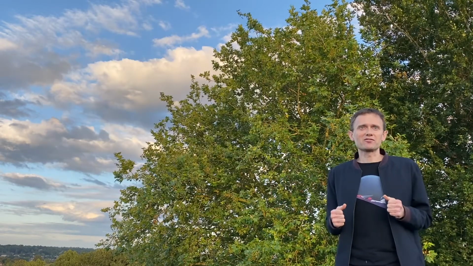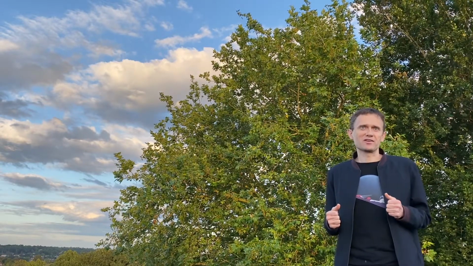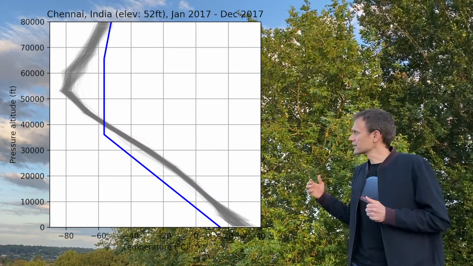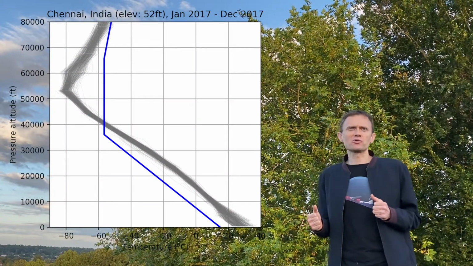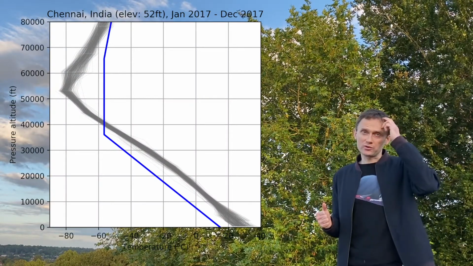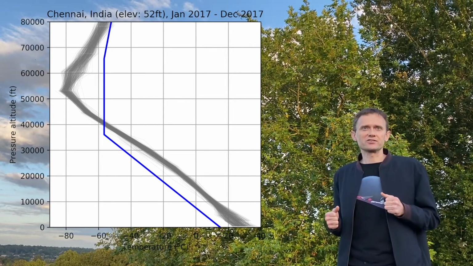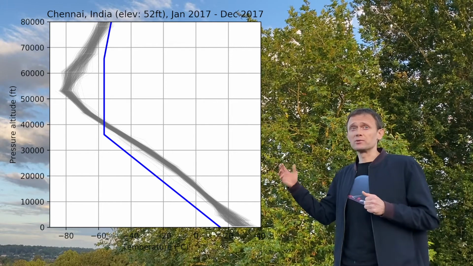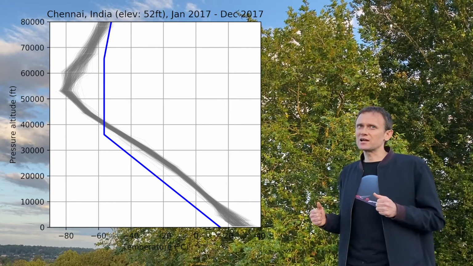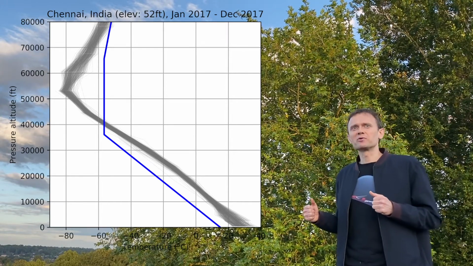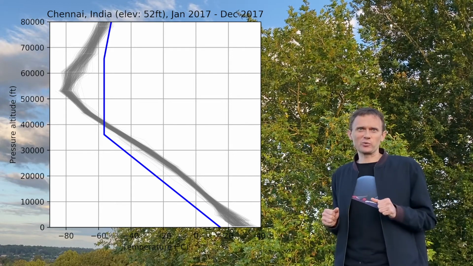The atmosphere above the tropical regions of the planet also presents an issue for the ISA. Consider these 700 or so temperature profiles recorded above Chennai, India, 13 degrees northern latitude. The ISA, the blue line, gets the tropospheric lapse rate roughly right, but pretty much everything else is a long way out.